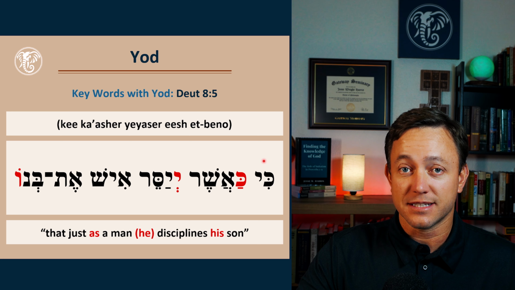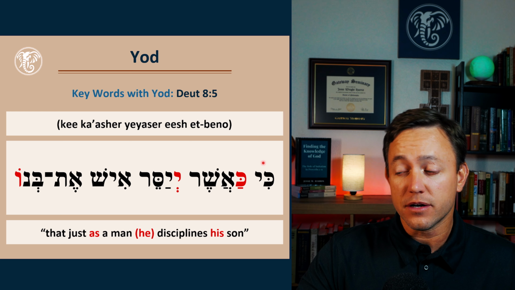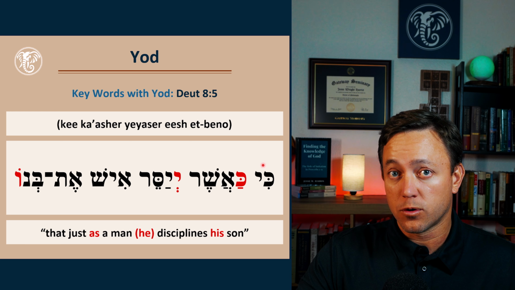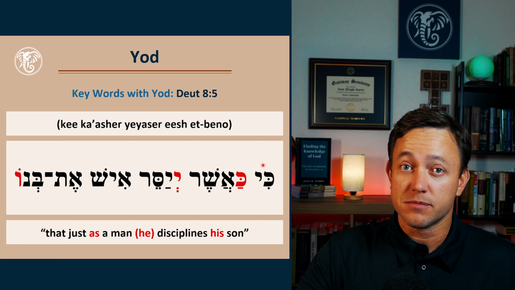All right, let's break this down just a little bit and do some translating. So it begins here with the word ki, a very common and important word that you'll see very often. It can mean something like for or because, but sometimes, as we see here, meaning that. So you shall know with your heart that ka'asher.